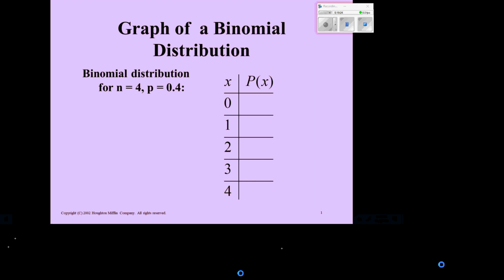Now, let's combine that chart with what we've already done. Let's go to n is 4, p is 0.4, and think about adding the probabilities here. From our chart, I go to 0.4, my probability at 0.4, 0.13.